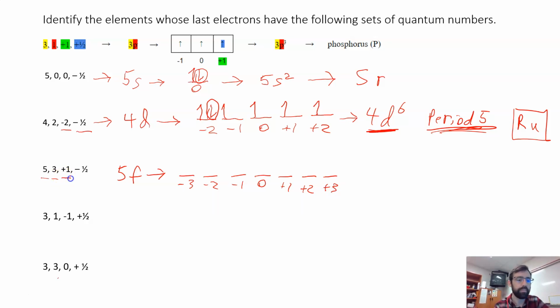We're looking at the +1 orbital, which is right here. -1/2 means down. If I have a down arrow there, that means I have to have up arrows on everything first: 1, 2, 3, 4, 5, 6, 7, then 8, 9, 10, 11, and then 12. That's my 12th arrow. So it's 5F12.